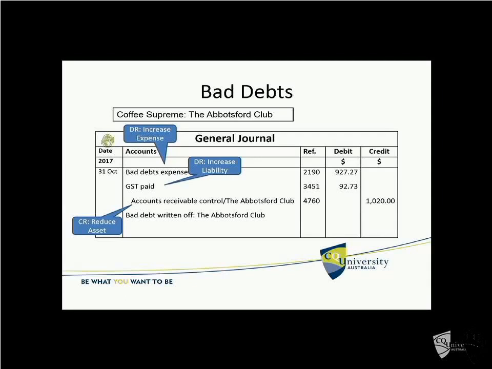That's a decrease in a liability, because that GST paid, they're not going to pay us, so we don't need to pay the government that GST that we've already recognised. And we credit the asset accounts receivable because we're reducing the asset. Increases in assets are debit, reductions are credit.